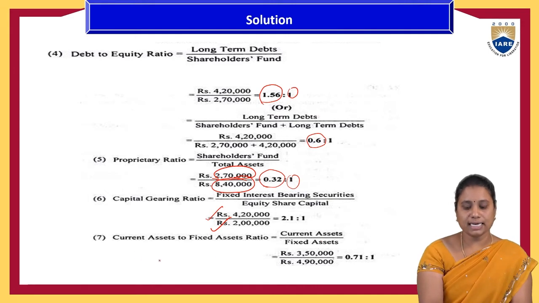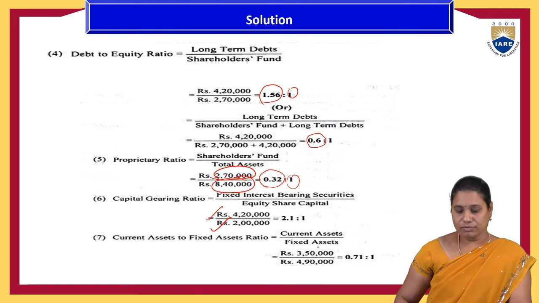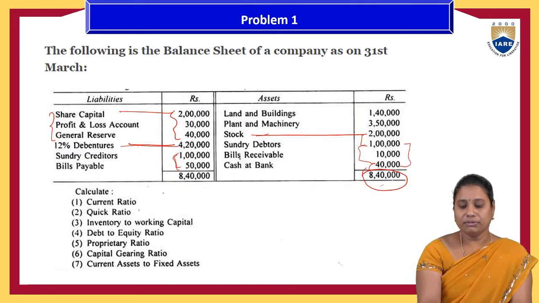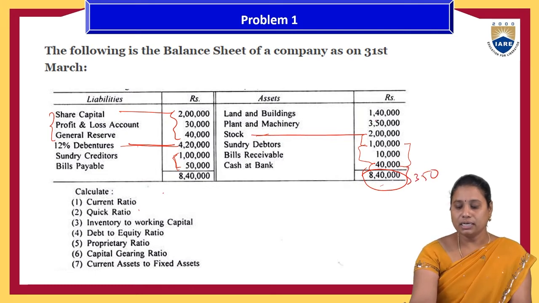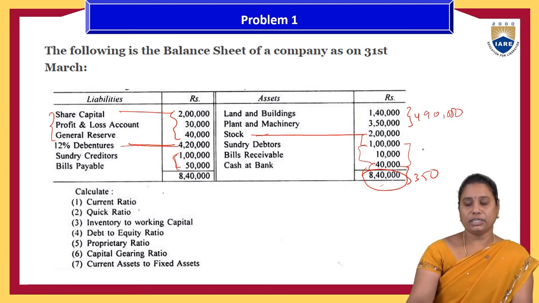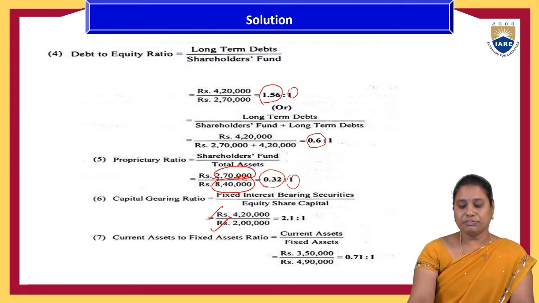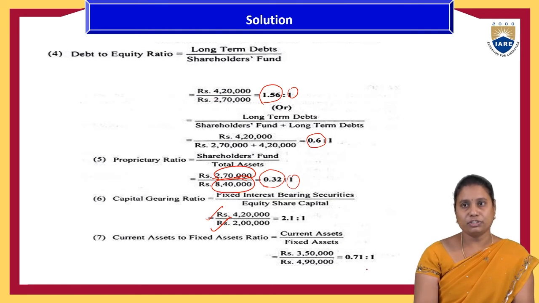The next thing is current assets to fixed assets. Out of this 8,40,000, if the current assets are 3,50,000, the remaining, 1,40,000 plus 3,50,000, 4,90,000, belongs to the fixed assets. That ratio we have calculated here. Current assets to fixed assets, 3,50,000 divided by 4.9 lakhs, that is 0.7 is to 1.